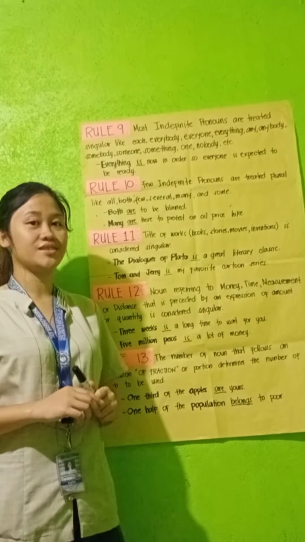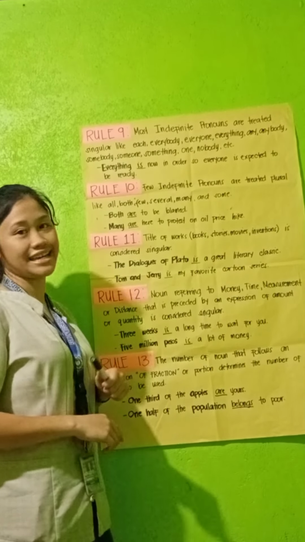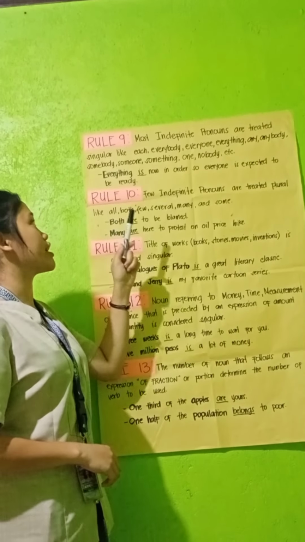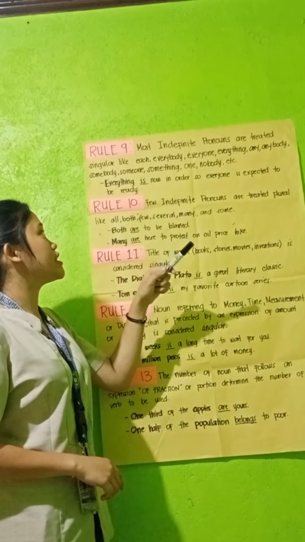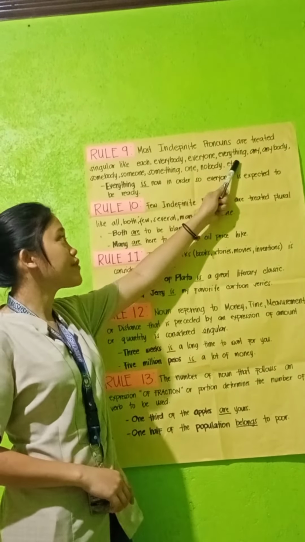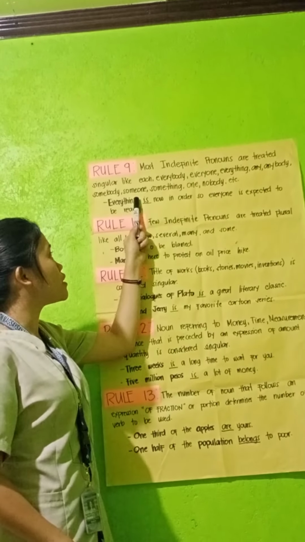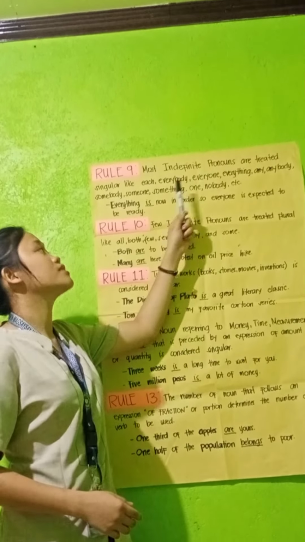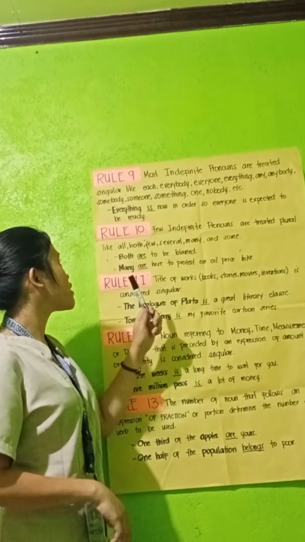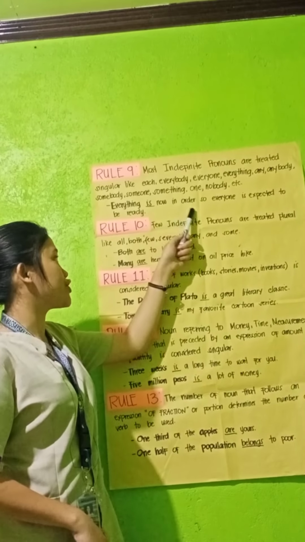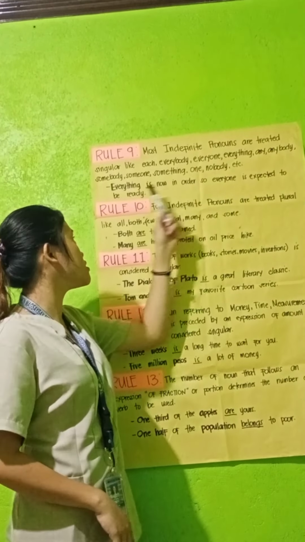Let's proceed to rule number 9. Most indefinite pronouns are treated as singular, like each, everybody, everyone, everything, any, anybody, somebody, someone, something, one, nobody, and no one. For example, everything is now in order so everyone is expected to be ready.